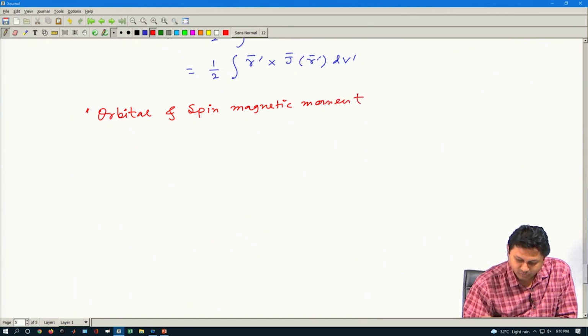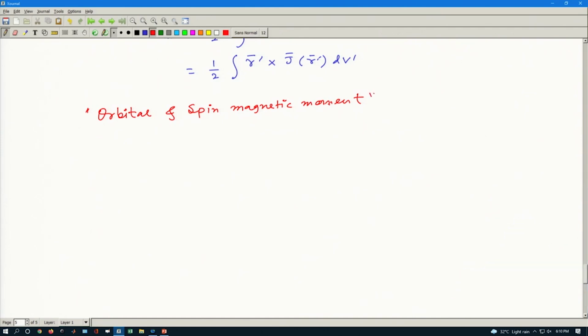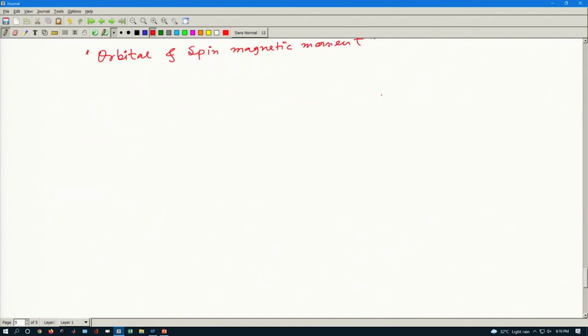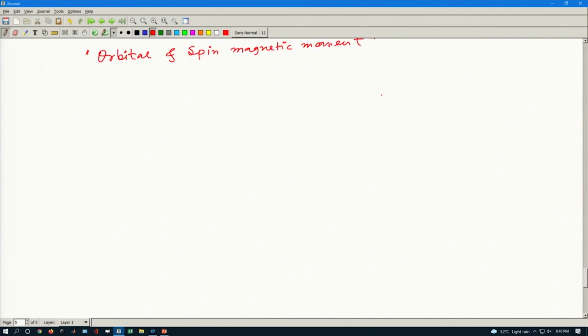Orbital and spin magnetic moment is important in atomic and molecular physics. So this is a very important physical concept. We try to understand this in the light of electrodynamical theories.